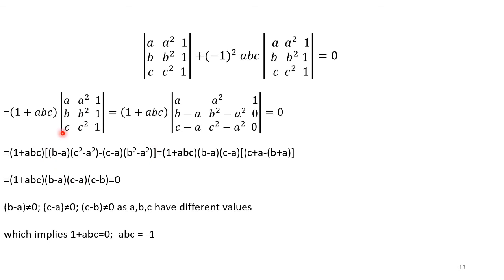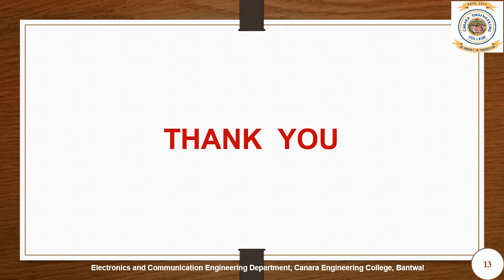When I simplify this, I am going to get 1 plus ABC multiplied by B minus A, C minus A, C minus B. But these terms cannot be 0 because A, B, C are of different values. So only 1 plus ABC can become 0. Therefore, ABC is equal to minus 1.